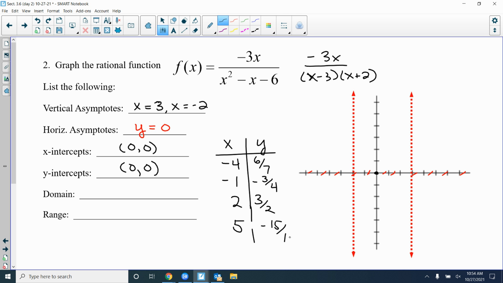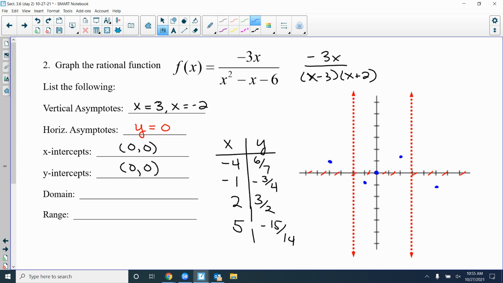All right, let's plot those points. Negative 4, 6 sevenths, which is almost 1. Negative 1, negative 3/4. 0, 0. 2, 3 halves. And then 5 and negative 15 over 14.